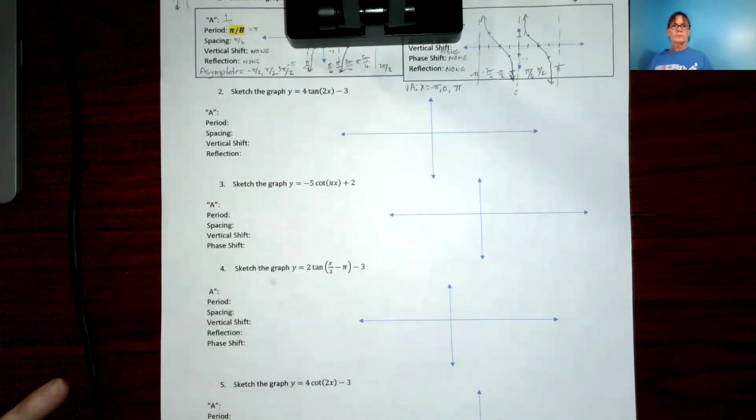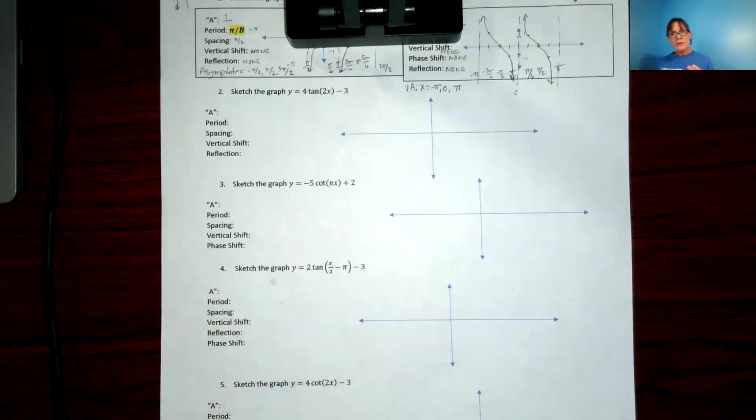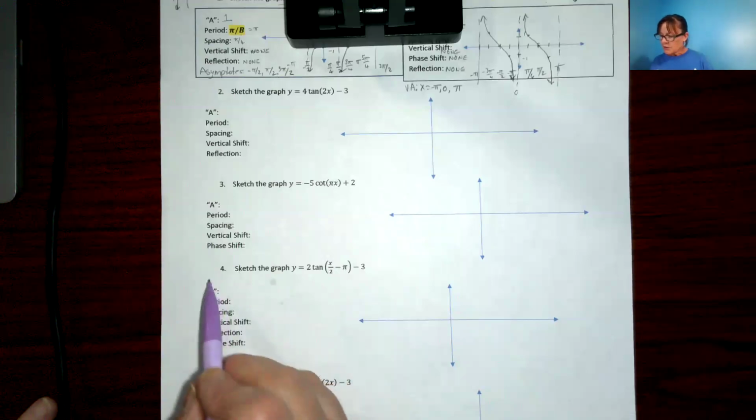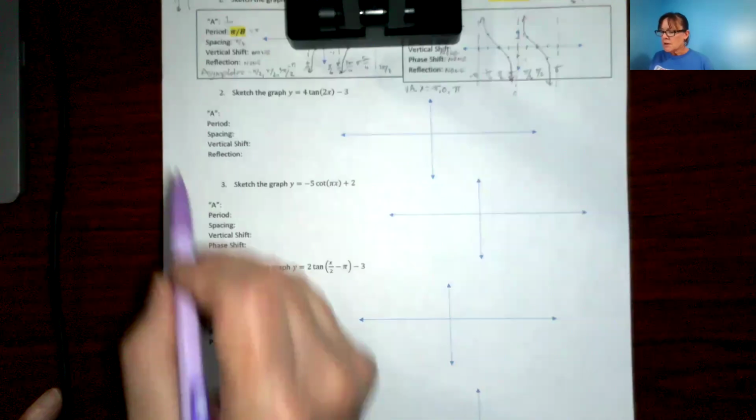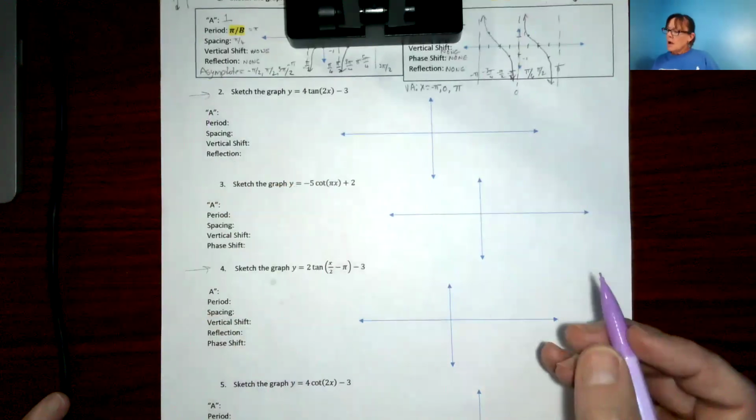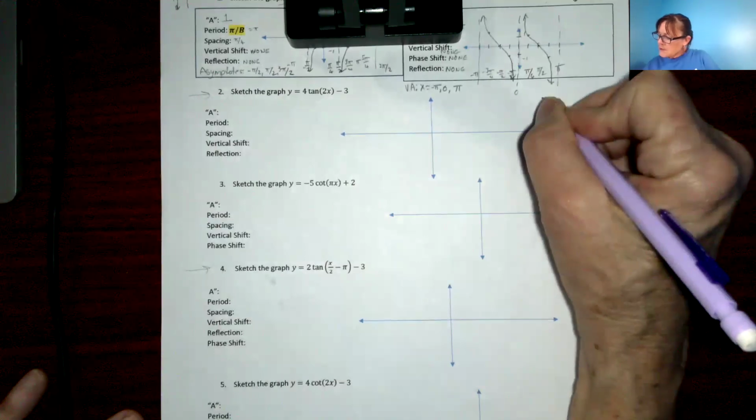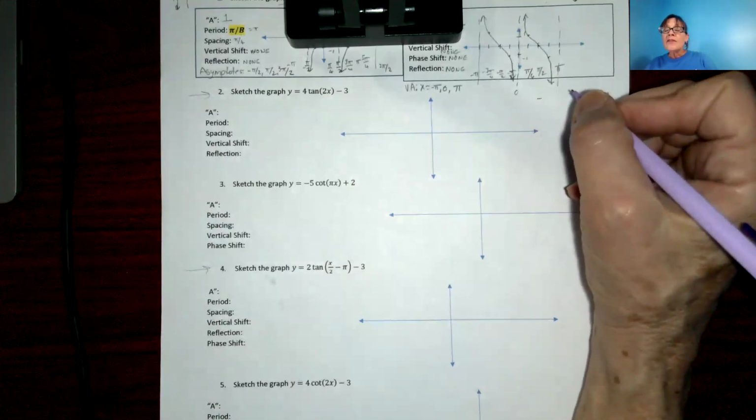Here we go. I'm going to do something with the tangent and cotangent that I didn't do with the others, but I find it a very helpful graphing thing to do, because tangent doesn't start at 0, it starts at negative pi over 2. You can do this on every single function.